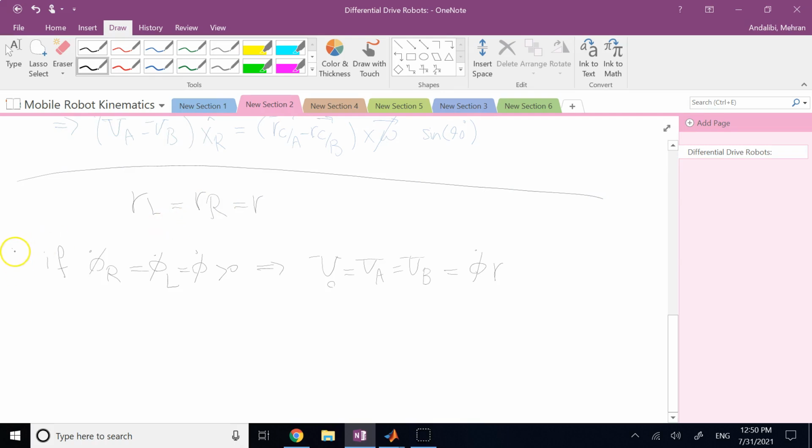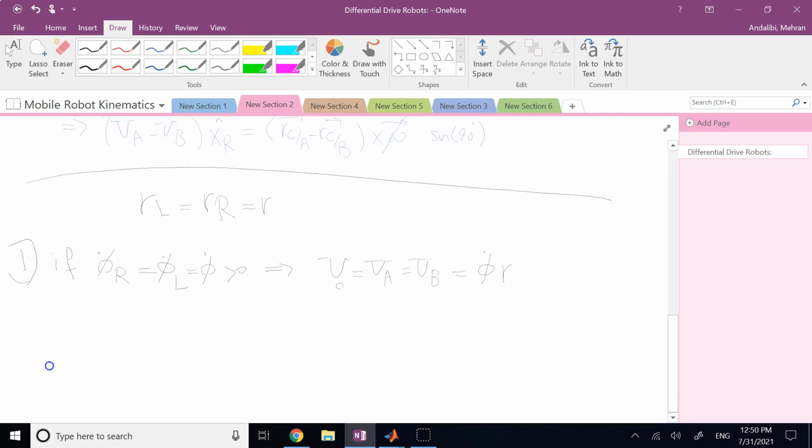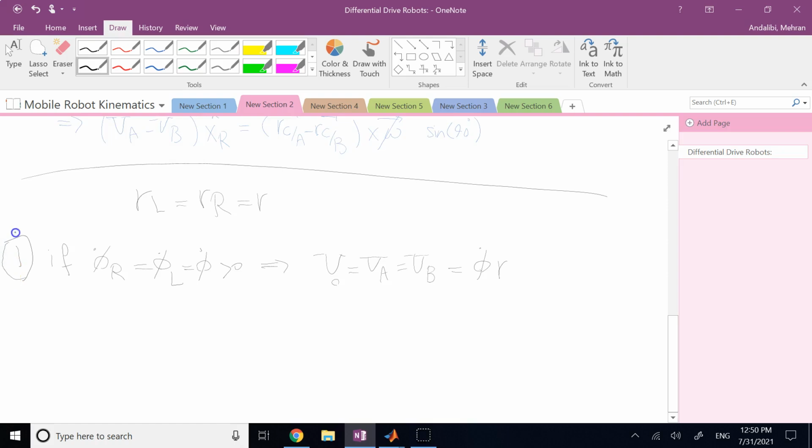Okay, so if we assume that, then case 1 is they are both rotating about their axis counterclockwise, then the robot is going to move forward, straight line.